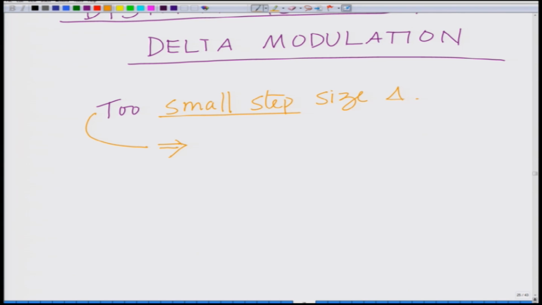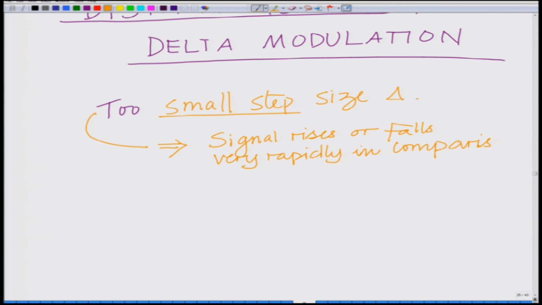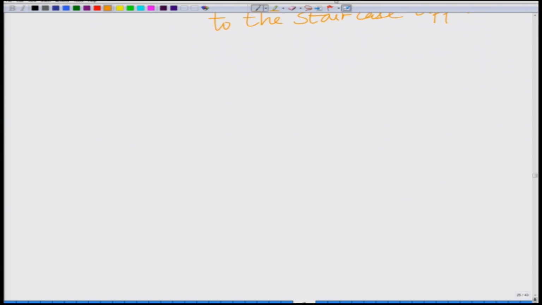This leads to the fact that if the signal rises or falls very rapidly in comparison to the staircase approximation, we are going to have a problem.